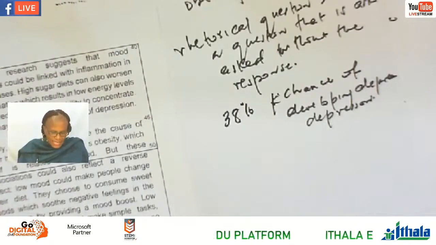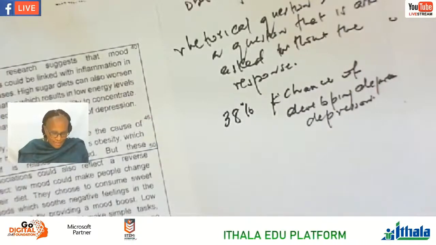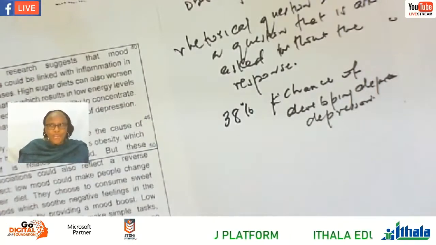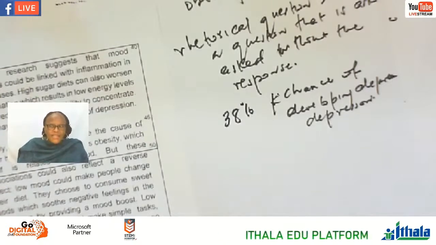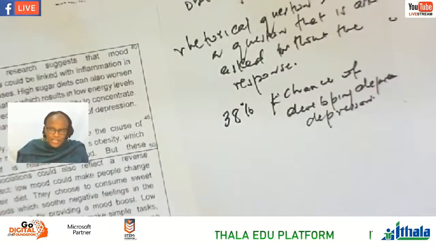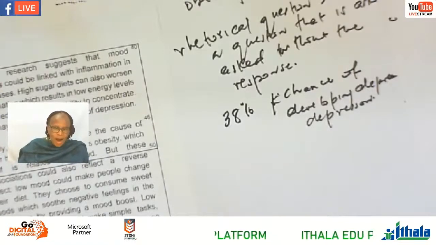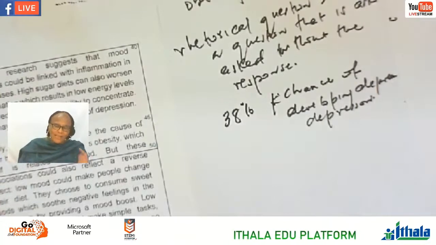Higher sugar diets can also worsen inflammation, which results in low energy levels and a reduction in one's ability to concentrate. Once waba nale inflammation, even level yakho of concentration iyehla, because awusakwazi concentrate because into iqala kuphi phela, concentration iqala in the brain.